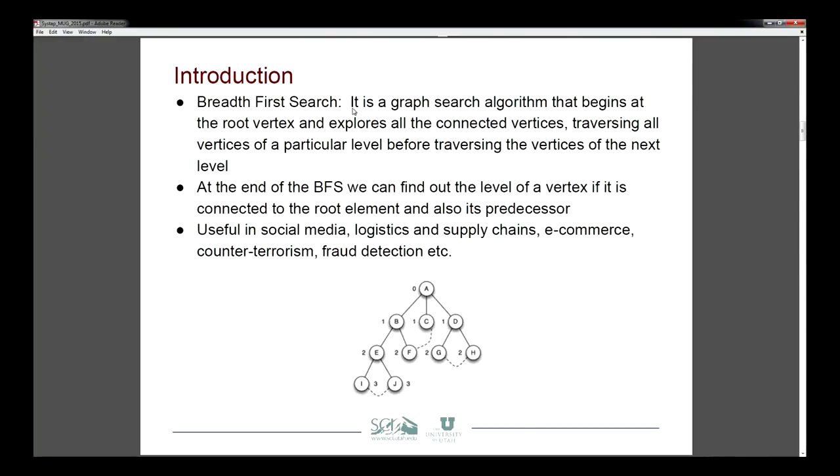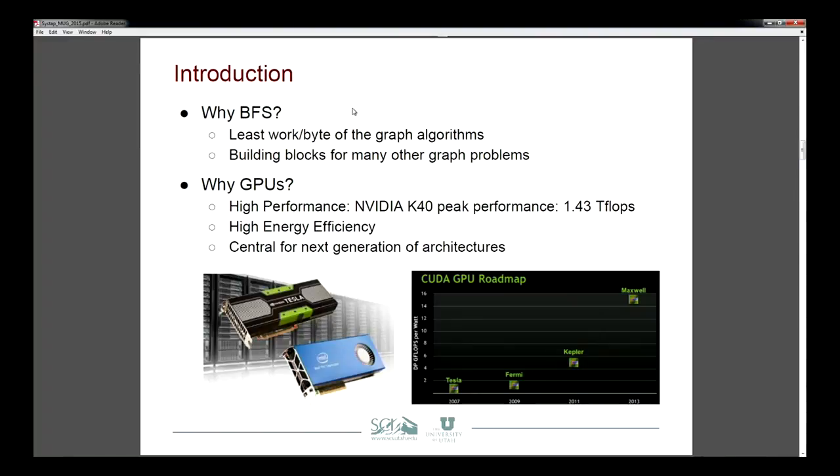So it's a good benchmark for data-intensive applications that don't have a lot of compute. It's used in social media, graphs, supply chains, and all kinds of things. I actually talked about that on the wrong slide.